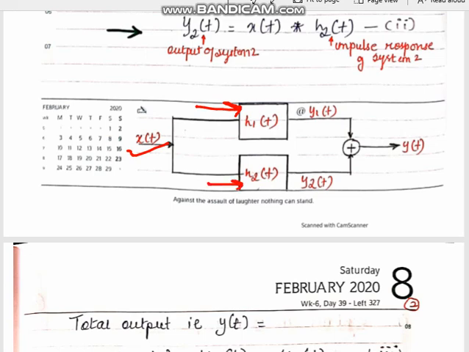When h1 of t operates on x of t, you get y1 of t, and when h2 of t operates on x of t, you will get y2 of t. So this is how you achieve y1 of t and y2 of t. To achieve the overall output, we first need y1 of t and y2 of t. Clear? So let's try to represent y1 of t and y2 of t.